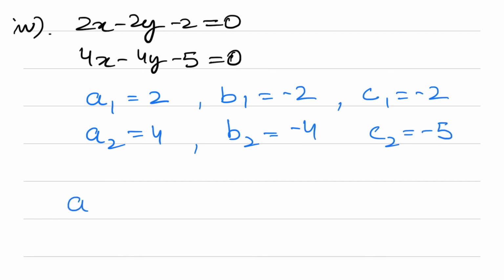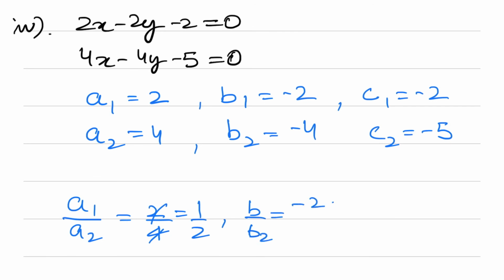So let's find the ratios. a1 by a2 is equal to 2 by 4, so this is half, and b1 by b2 is also equal to half, minus 2 by minus 4. And c1 by c2 is equal to minus 2 by minus 5, so this gets cancelled, so 2 by 5.